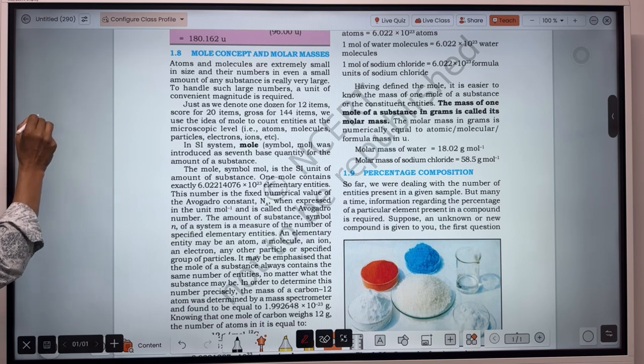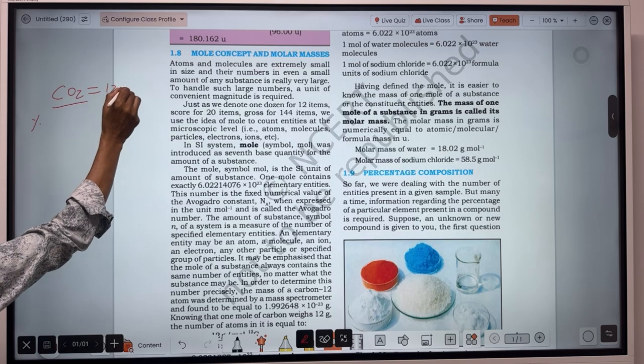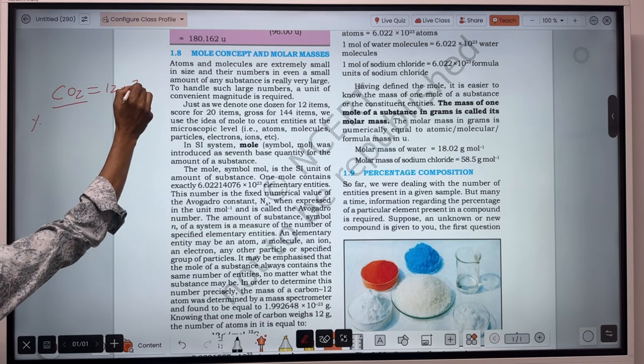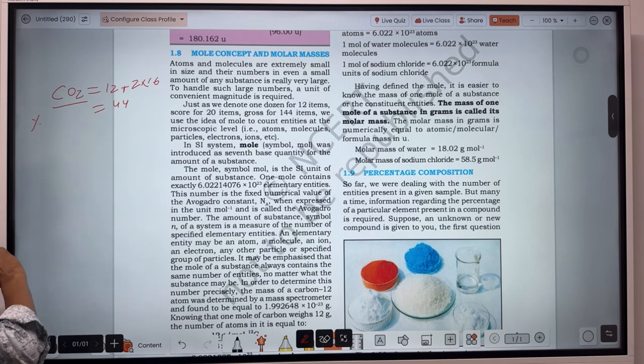Let's see here, percentage of CO2. So molecular weight will be how much? 12 plus 2 into 16, that will be 44.